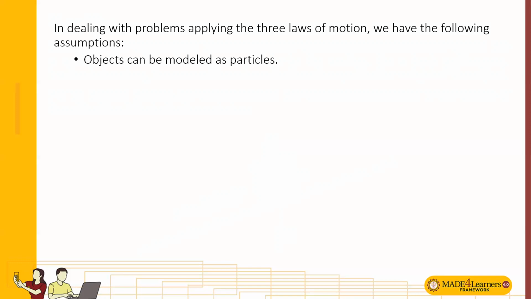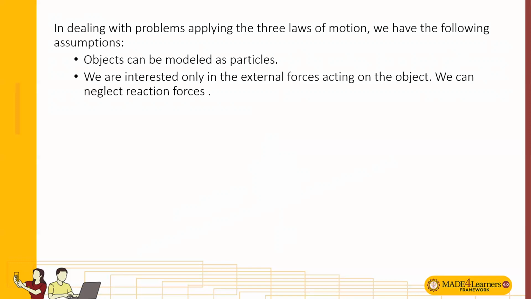So objects can be modeled as particles, and we are interested only, as explained earlier, in external forces acting on the object. And we can neglect reaction forces because we'd be drawing a lot of arrows if we were to include the reaction forces. In the free body diagram, the middle is the object that the forces are acting on.